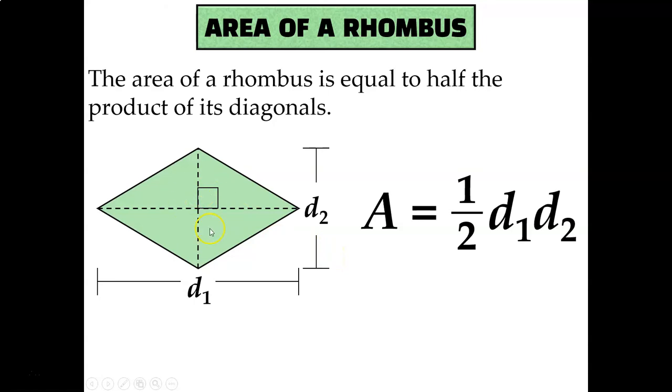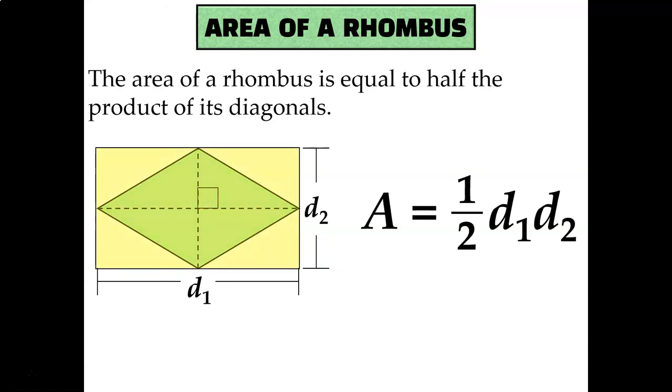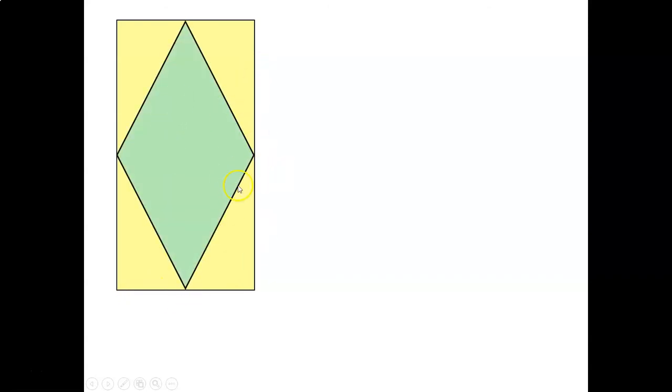And that's because this rhombus is equal to half of the area of a rectangle that has the same base and height. So again, let's look at a rectangle. This area would be base times height. But if I put a rhombus inside of it, this green rhombus is half of the area of the entire yellow rectangle.